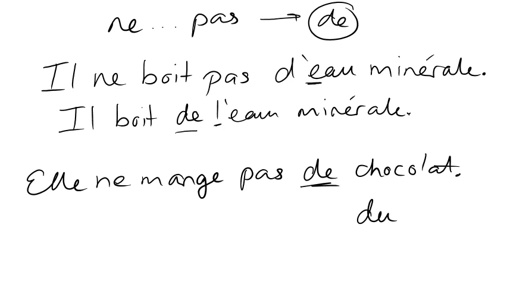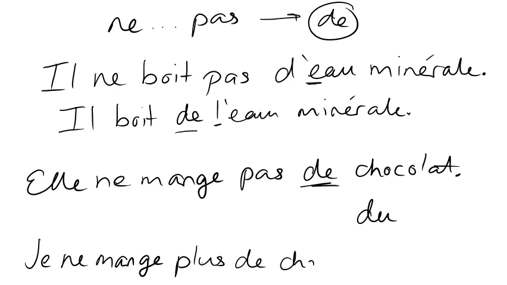So, let's see, I've eaten a lot of chocolate. I don't want any more. I could say, je ne, we'll use mange, je ne mange plus, and plus means not anymore, de chocolat.